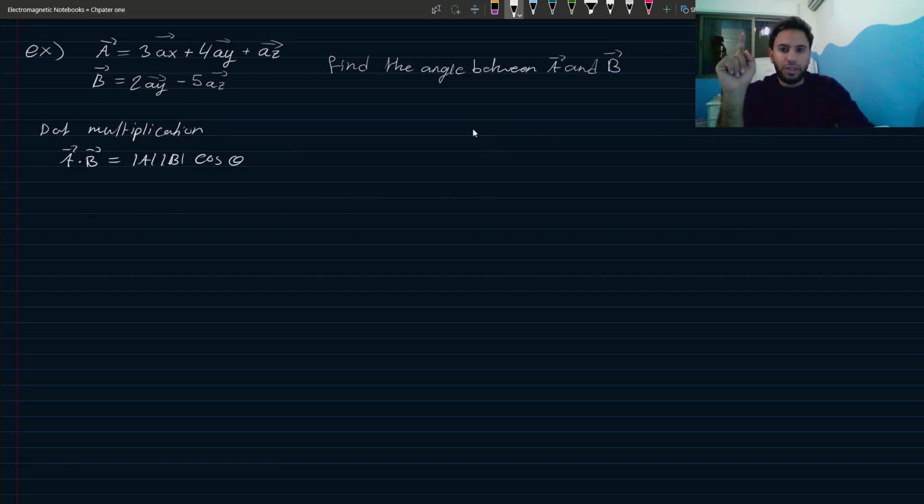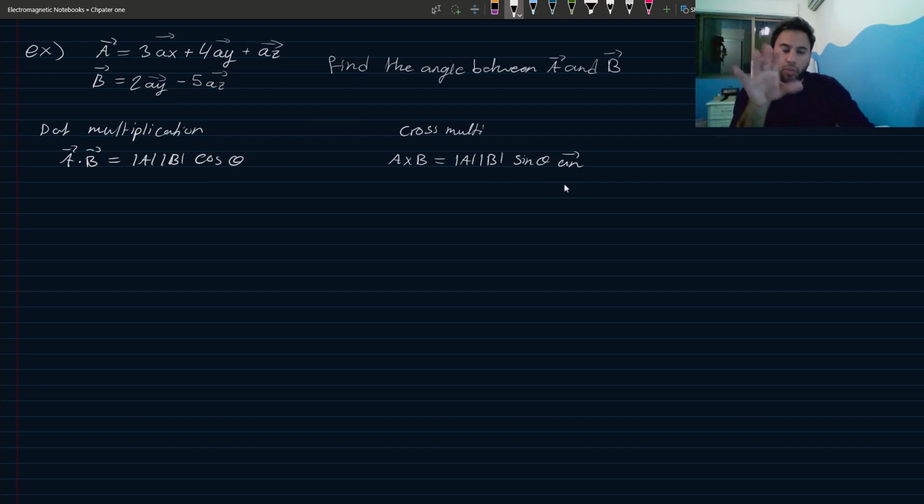And the second one is from cross multiplication. It says the magnitude of A cross B equals the magnitude of A multiplied by the magnitude of B multiplied by sine of theta.